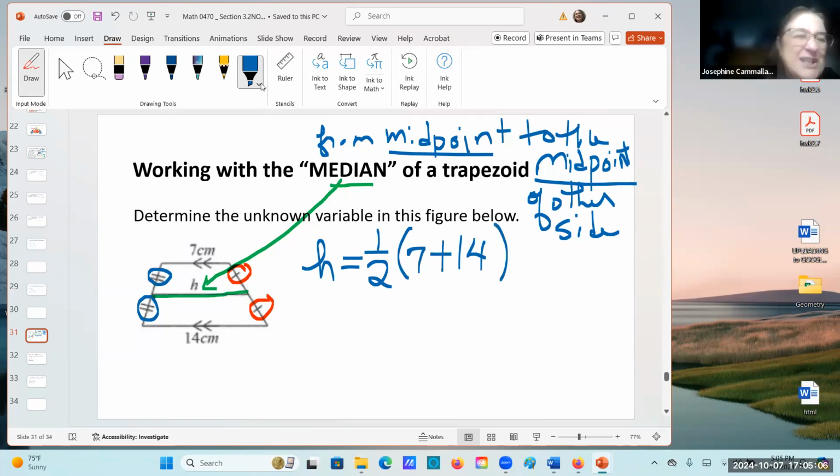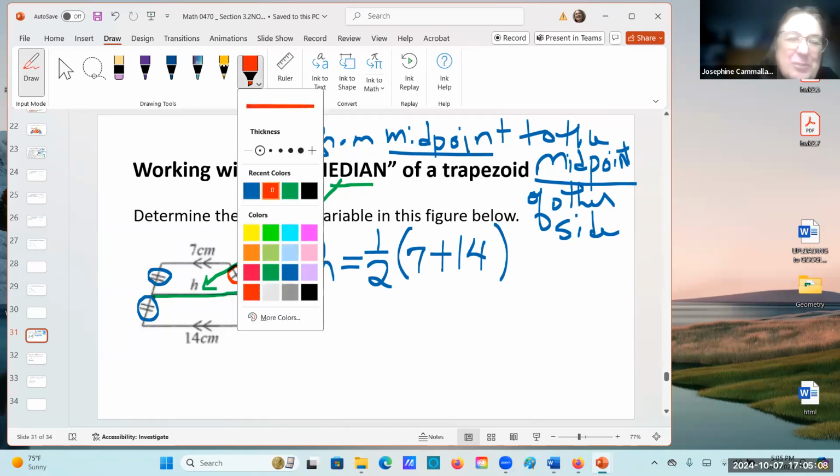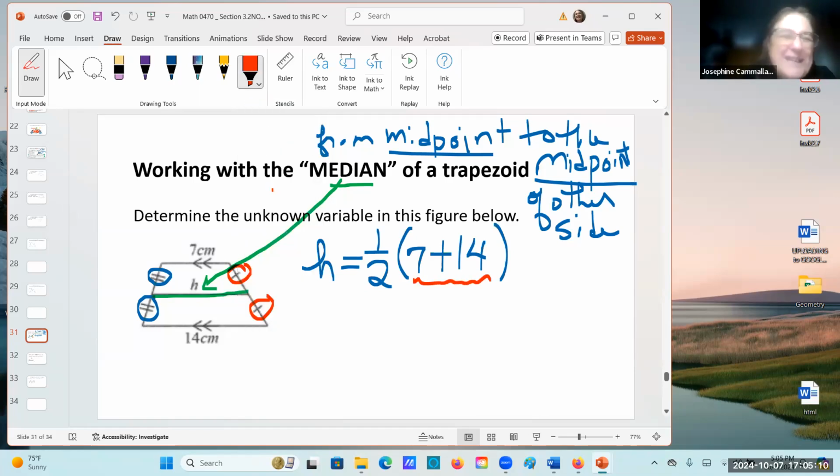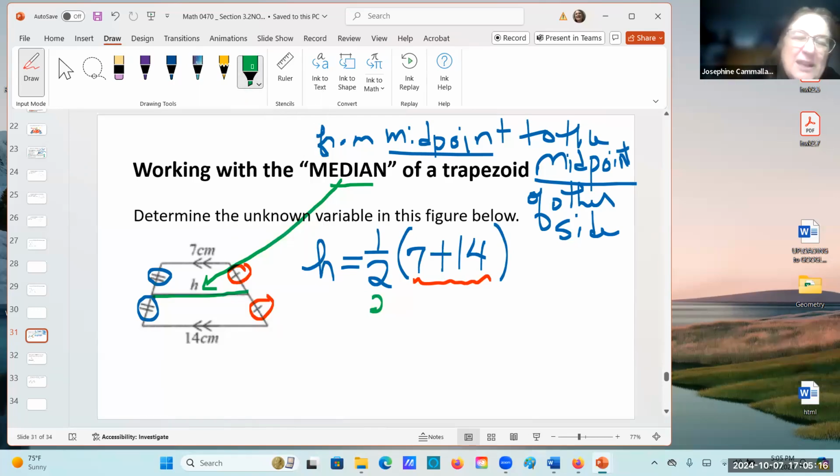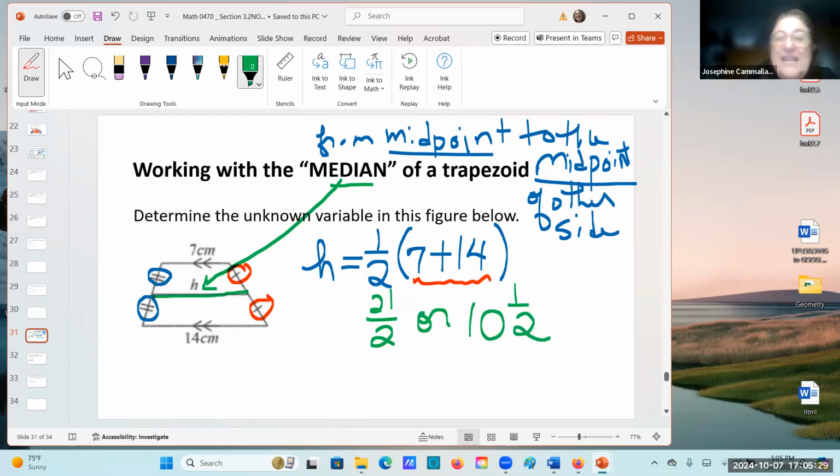Now remember, order of operations, we're going to do the parentheses first, which is 21, 21 divided by 2, or 10 and 1/2. That is my median.